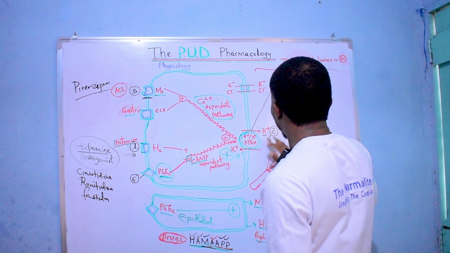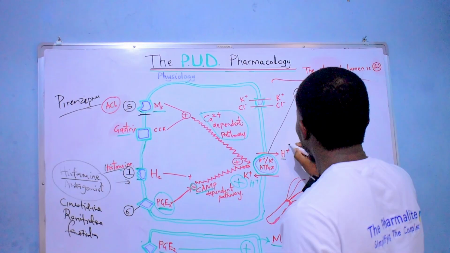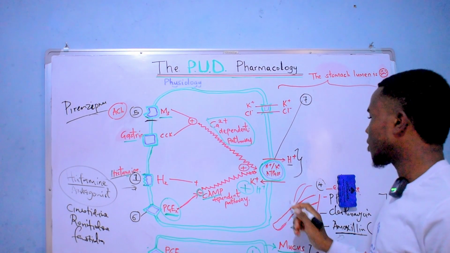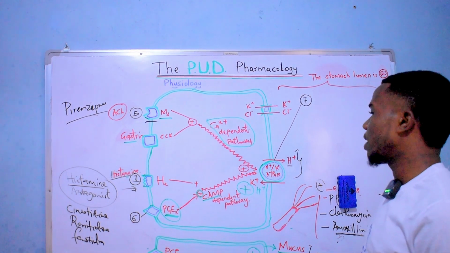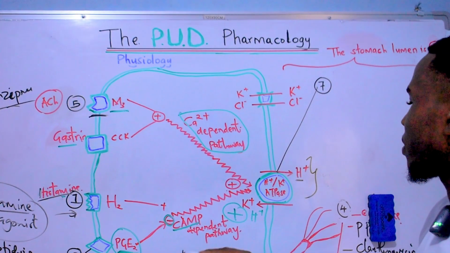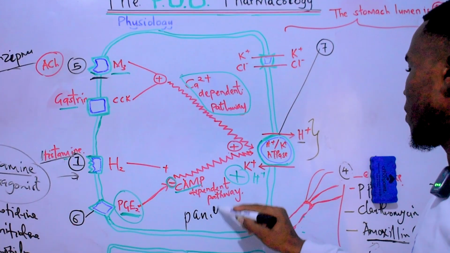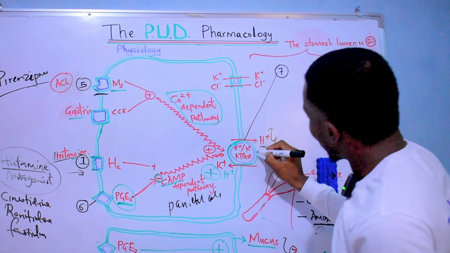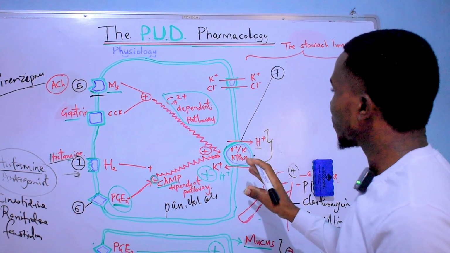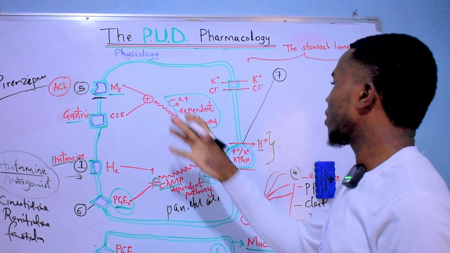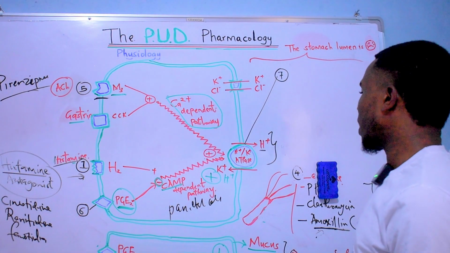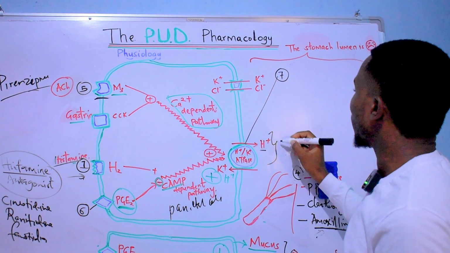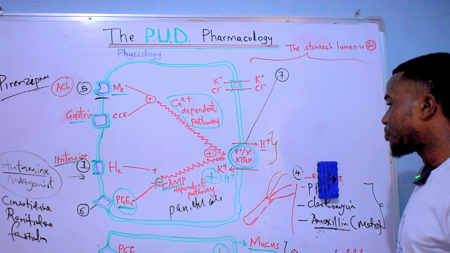So this pump here is the last process in the production of acid in the stomach parietal cell. So when this process is inhibited, it means that regardless of the other steps that have occurred previously, there will be no production of acidity.